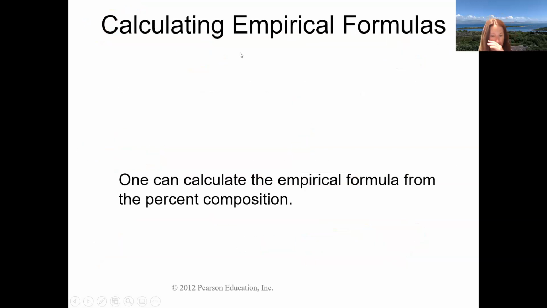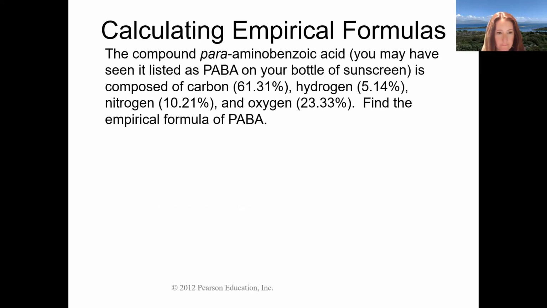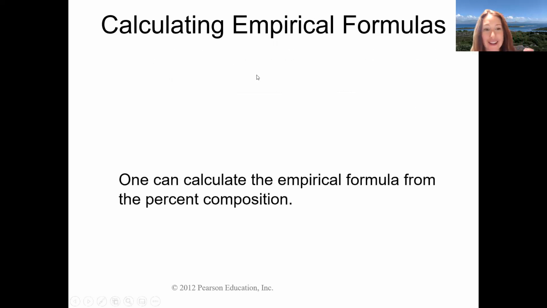Okay, so now we're going to do empirical formulas. So when you've done empirical formulas, there's like a little process to it. Trying to figure out where I can write this. Okay, so for empirical formulas, I'm just going to put it right here. So the first thing is you assume 100 grams.